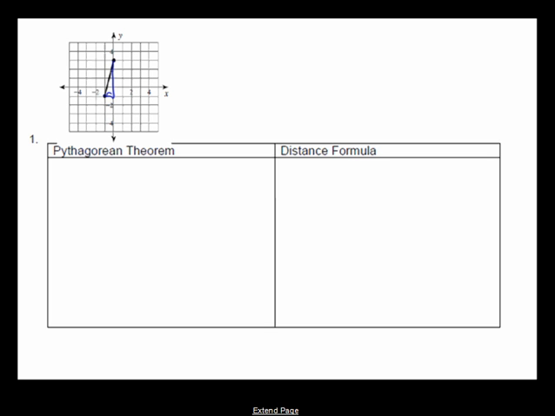This one is going to be 1, and then we go up here, 1, 2, 3, 4. So remember, my formula is a squared plus b squared is equal to c squared. So I'm going to have 1 squared plus 4 squared is equal to c squared.